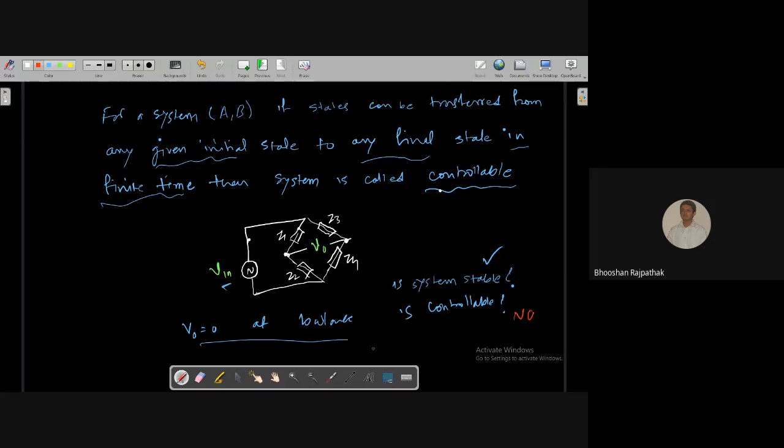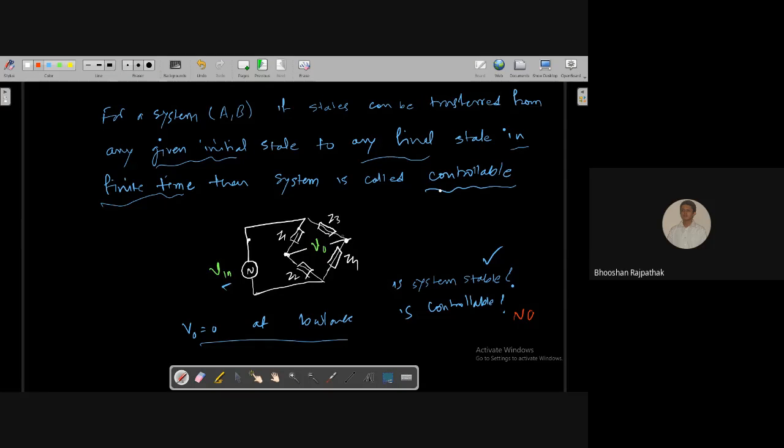Why is the system not controllable? Because see the definition: from any given initial state to any final state, by applying some input in finite time, we should be able to vary the system. Now, if my state is this particular one, then whatever I change the input, this voltage will always be zero.